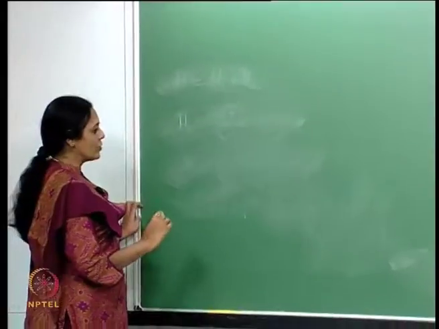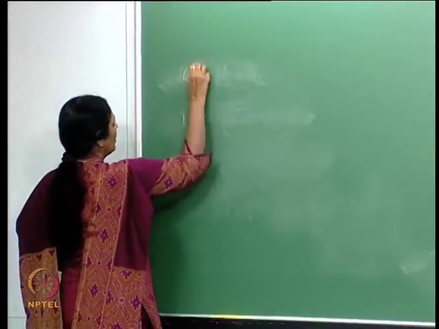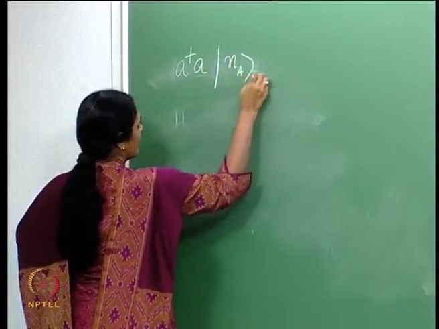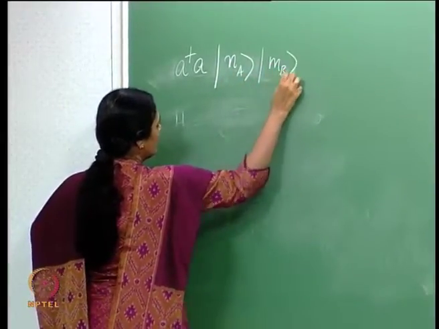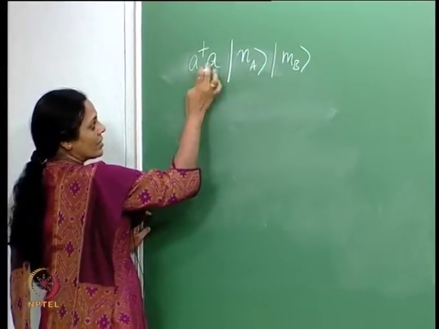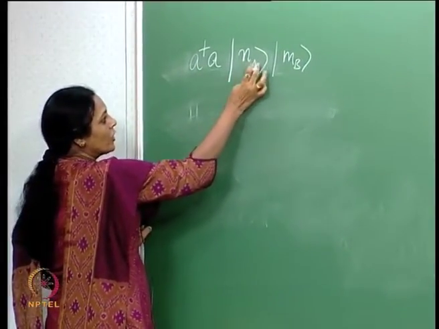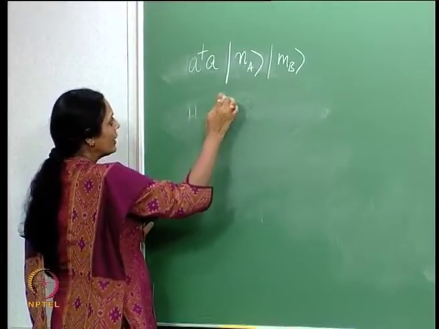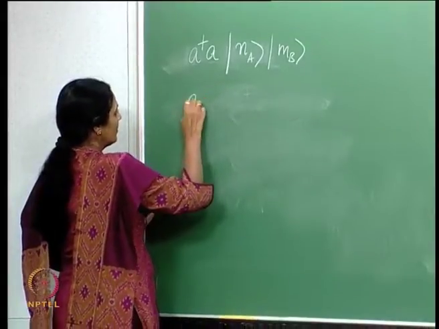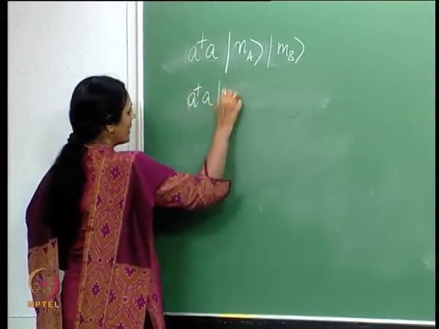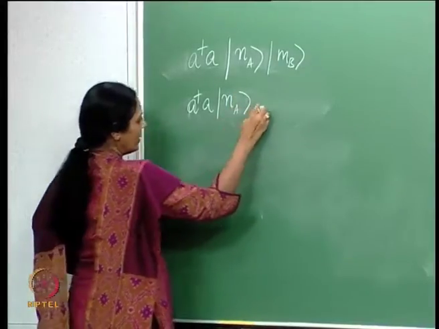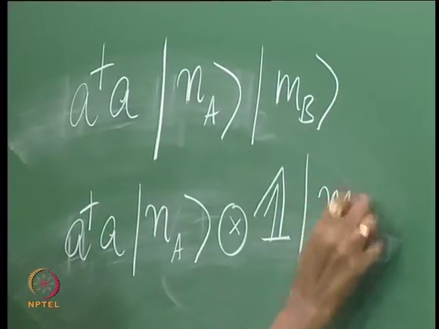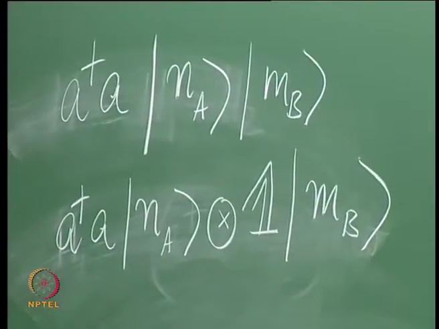Now, we have the following situation. When A dagger A acts on the state Na Mb, it is clear that it only acts on the states corresponding to system A, leaving Mb as such. Therefore, it is like saying that A dagger A acts on the ket Na, and the identity operator acts on the state Mb.